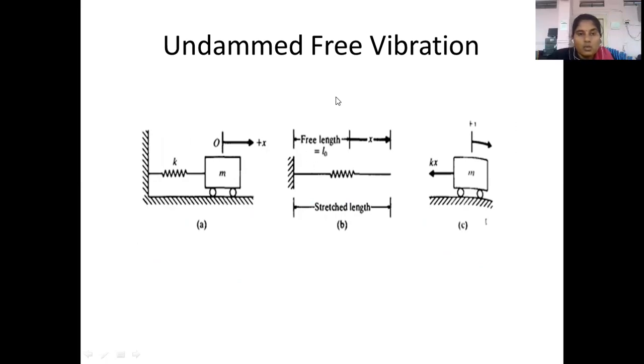Please draw this diagram in your notebook. I will wait for 2 minutes.